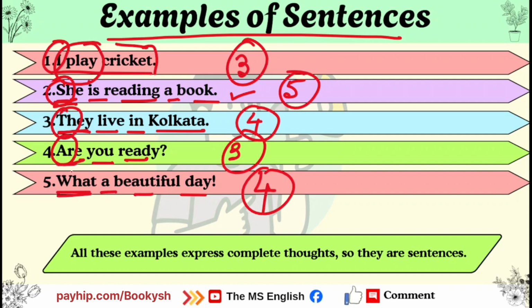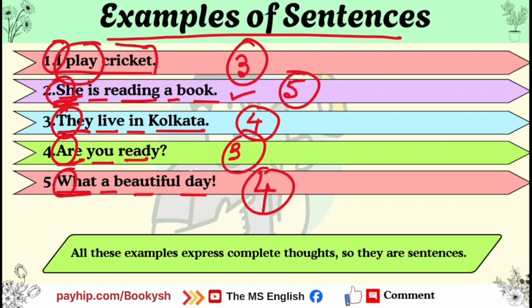In what, W is capital. In the first sentence we can see I is in capital letter. So this is clear to us that a sentence begins with a capital letter. The first letter of the first word will be in capital letter.